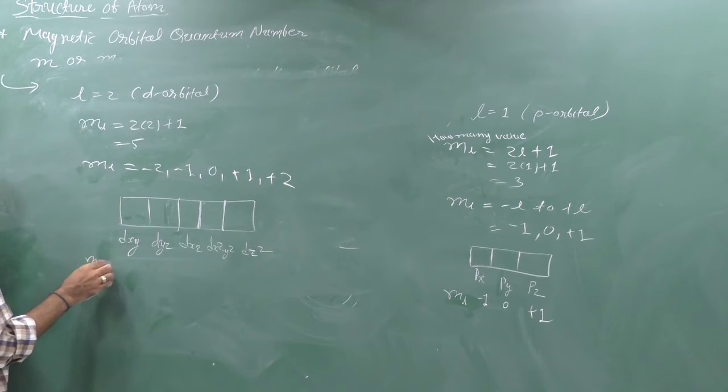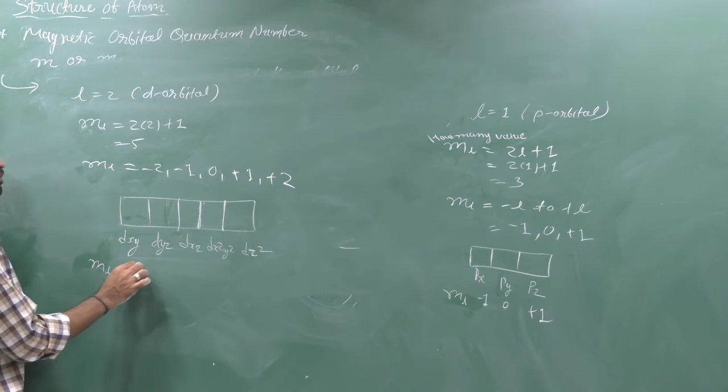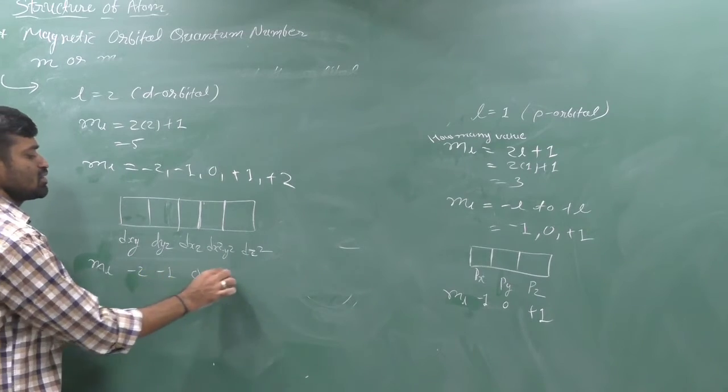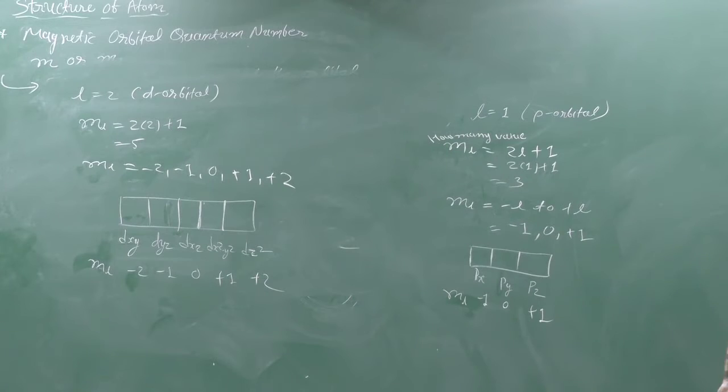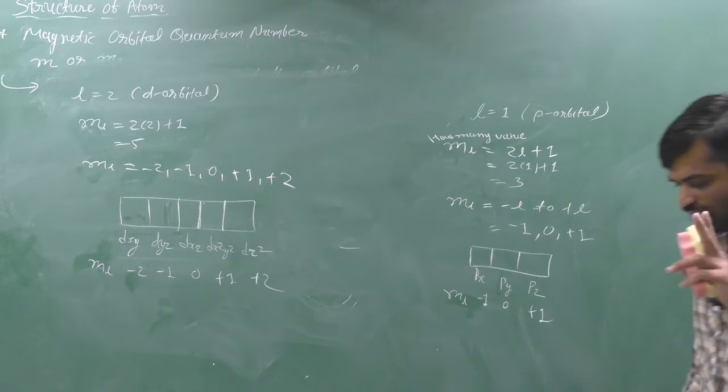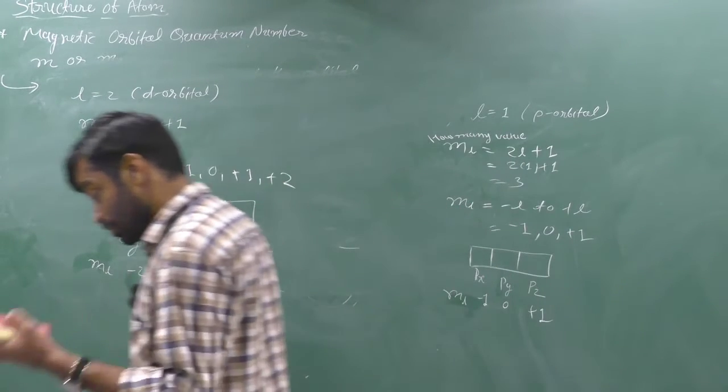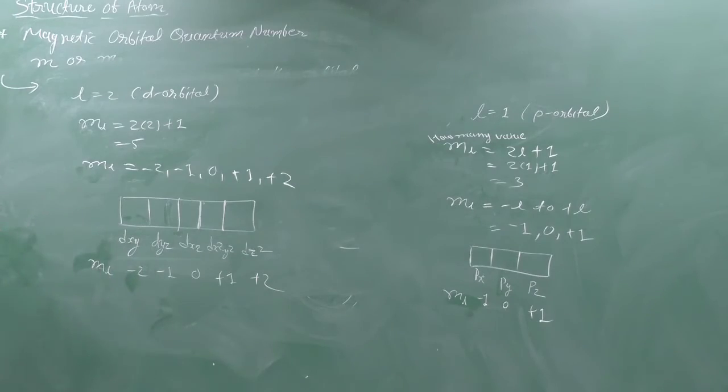For that ml is minus 2, minus 1, 0, plus 1, plus 2. So s has only one, p is divided into 3 parts, and d into 5 parts.